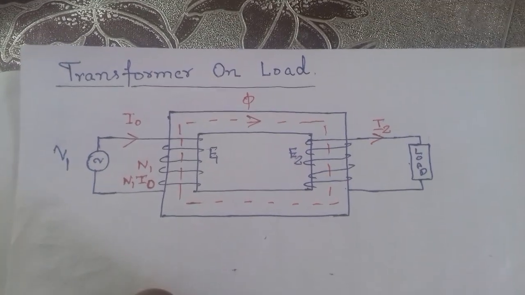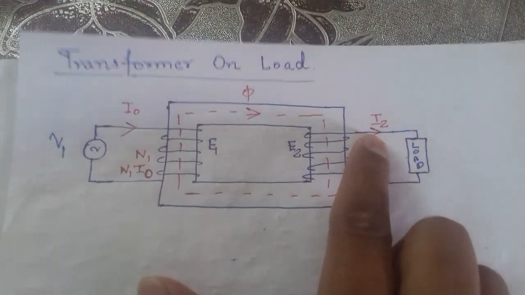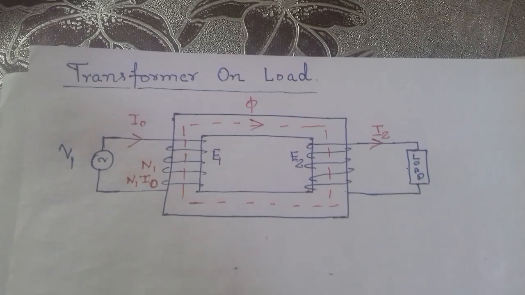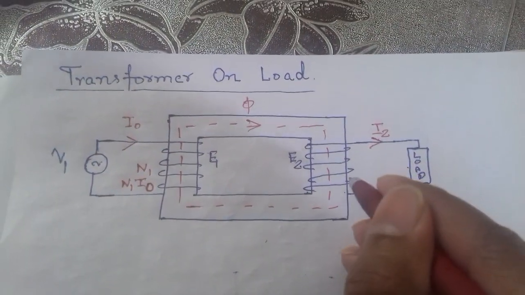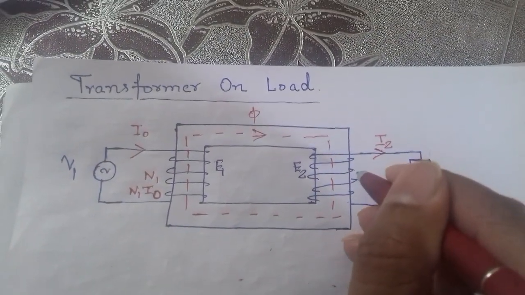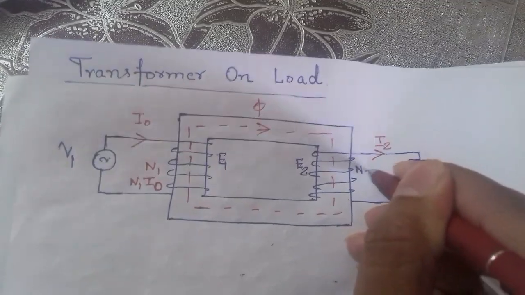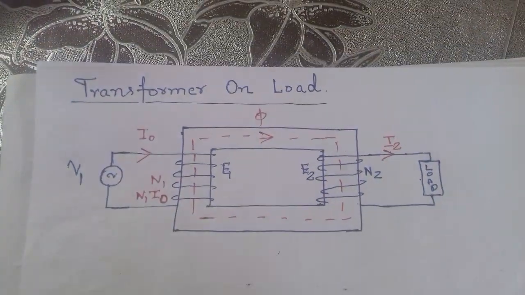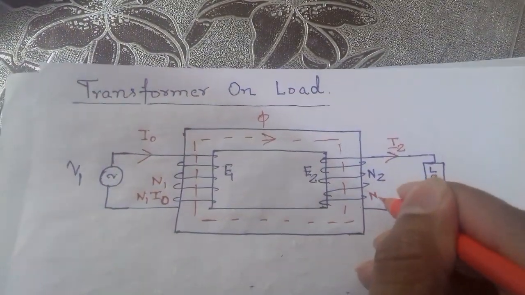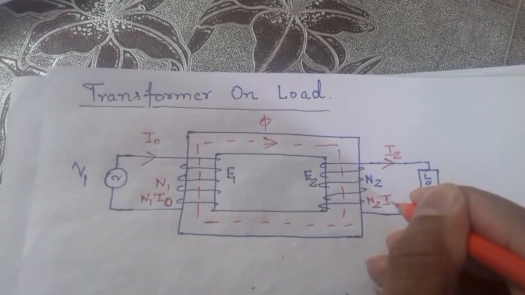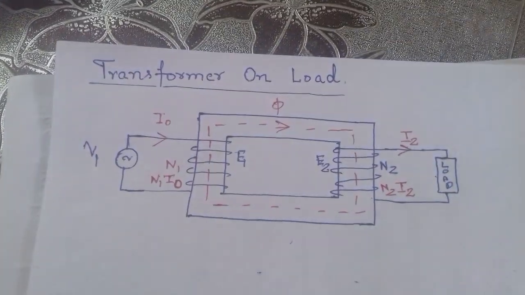Now this I2 is flowing in the secondary winding having number of turns N2, so an MMF will be produced in the secondary winding which will be N2 I2.